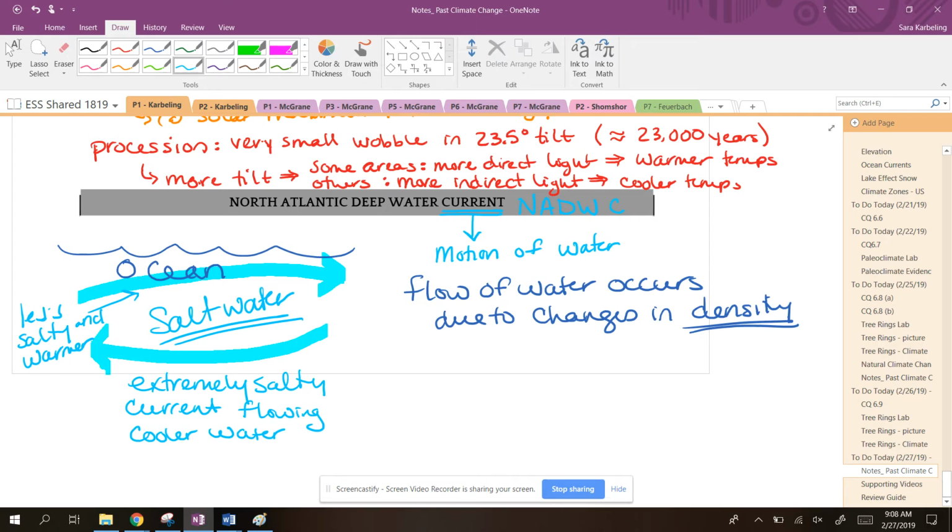How does ocean water get warm? This sounds like a really silly question. Where does ocean water go to get warm? Would it go towards the poles or towards the equator? Towards the equator, right? So this warm water is warmed near the equator, and then it's going to flow this way, because you've got this cold, salty water that's flowing from the poles toward the equator.